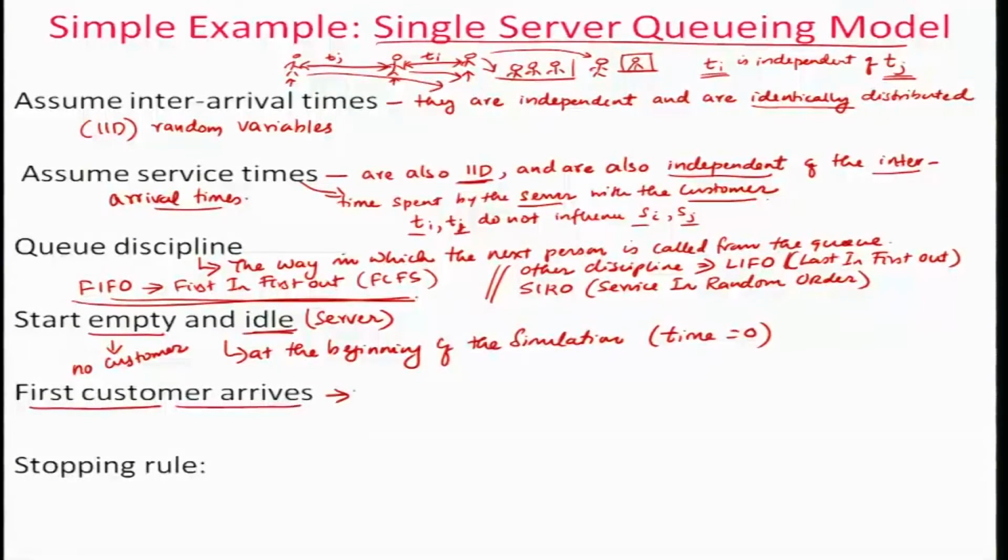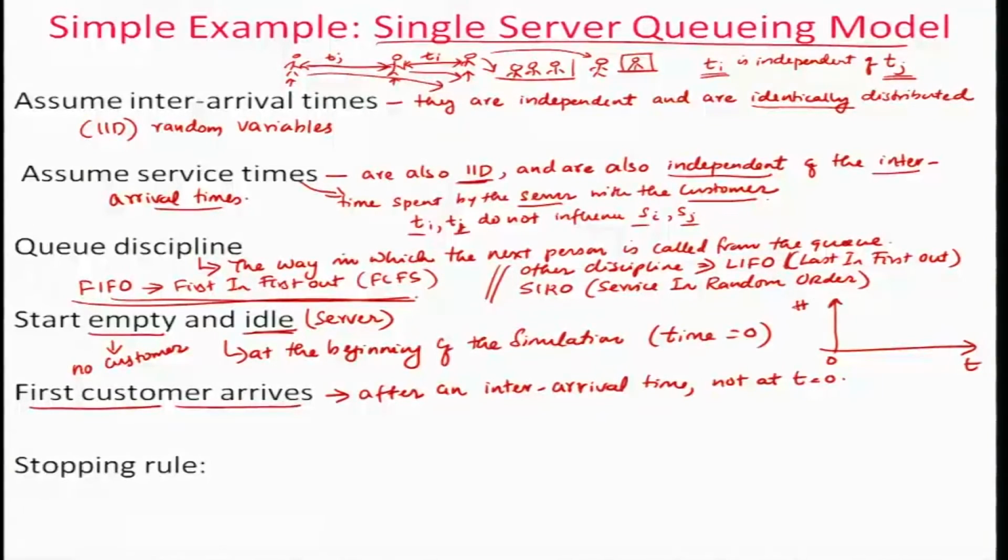The first customer arrives after an inter-arrival time, not at t equal to 0. So the simulation clock starts. If you think about it graphically, this is the time, this is 0, and here is the number of customers. The system will remain at 0 for some time and after some point the arrival will happen.